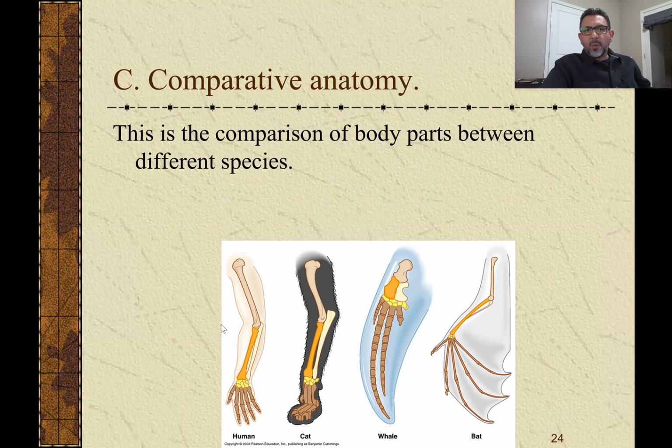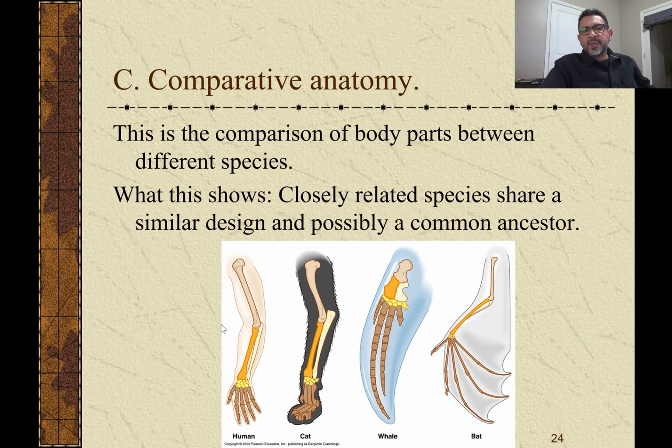Now let's take a look at comparative anatomy. When you look at organisms that are hypothesized to have a common evolutionary path, there are going to be some similarities in the body parts. Take a look, for example, at this illustration of the limbs of four different kinds of mammals: humans, cats, whales, and bats.